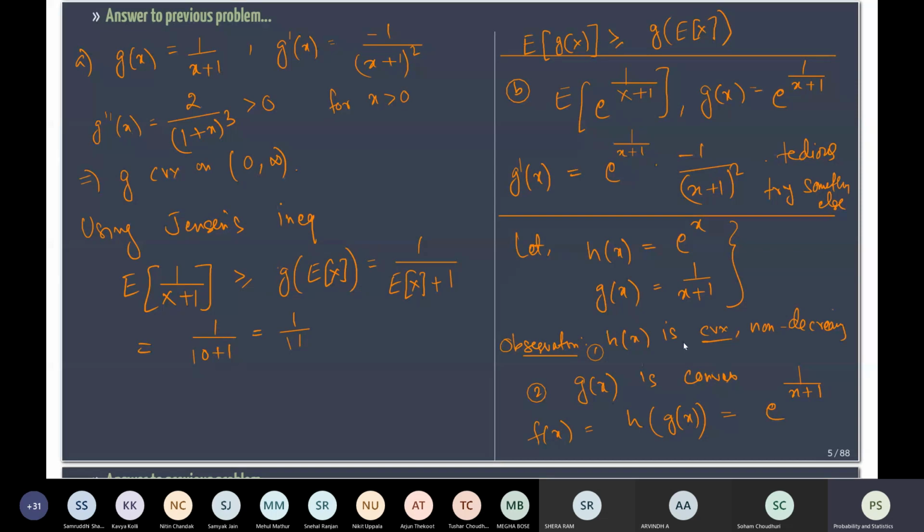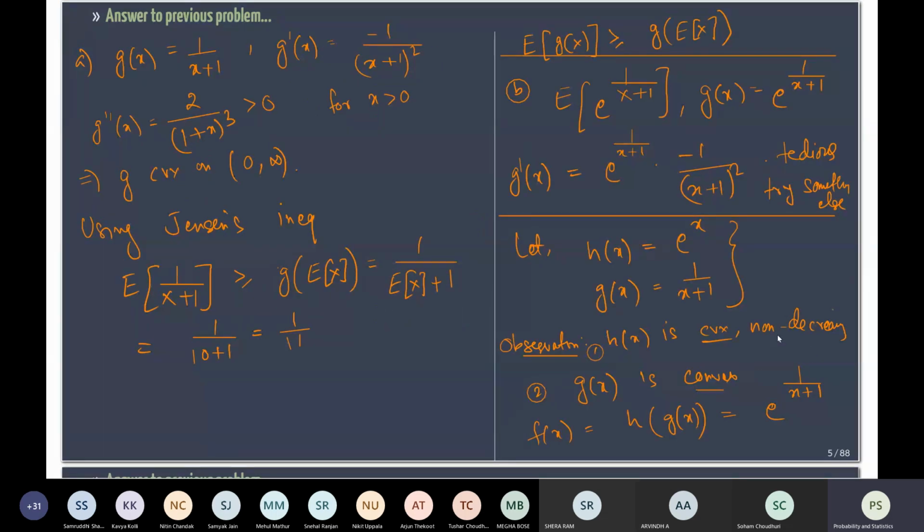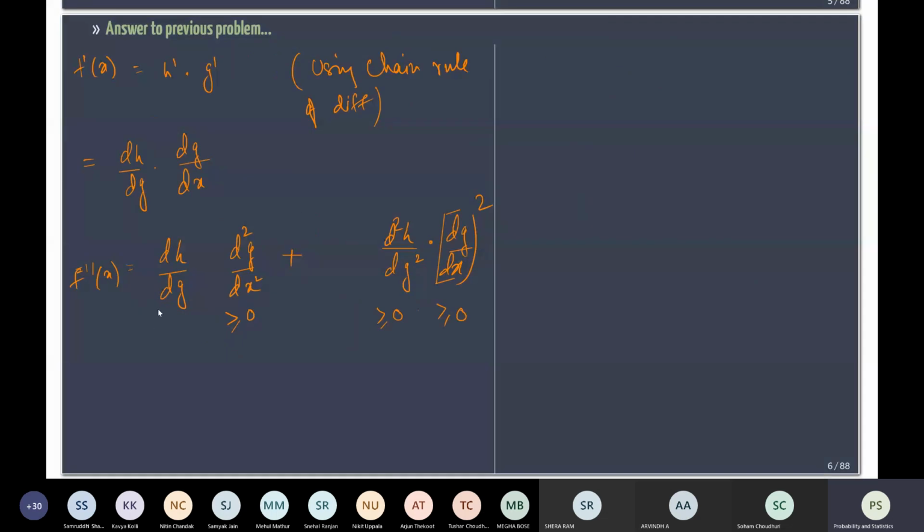So what we have is h is convex, so the double derivative of h is going to be positive. This term is always positive anyway because it is a square, and g is known to be convex, so by the double derivative test, g double derivative is non-negative. Since h is non-decreasing, the first derivative is greater than or equal to 0.